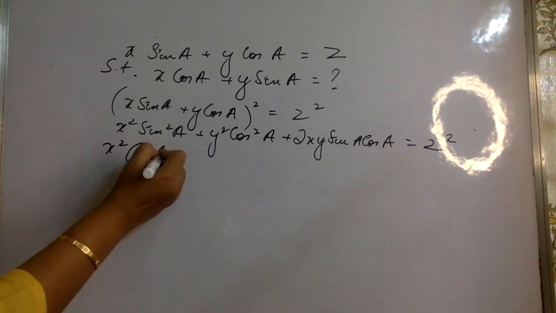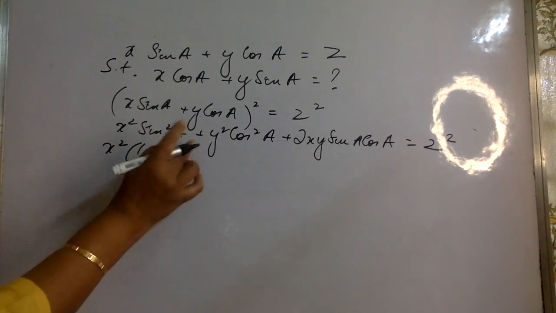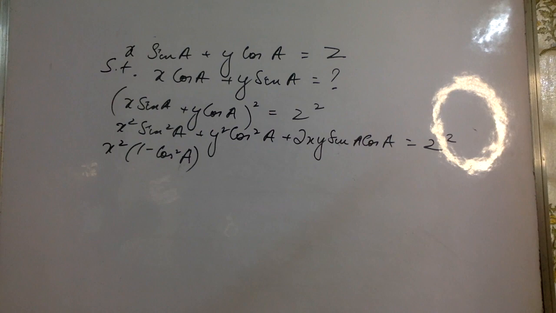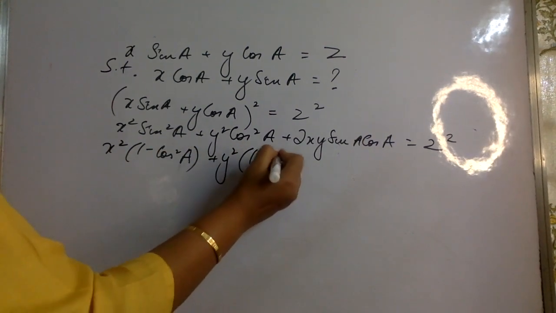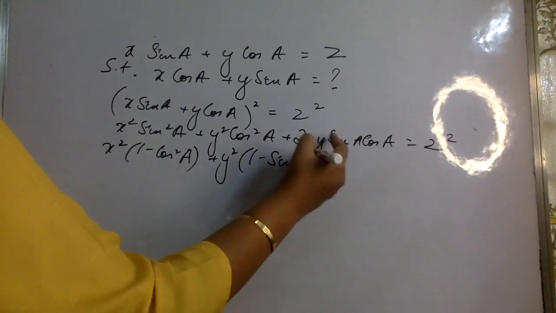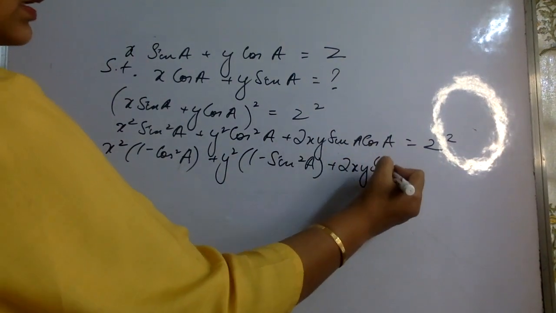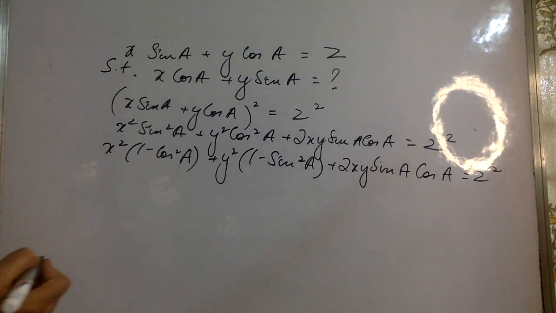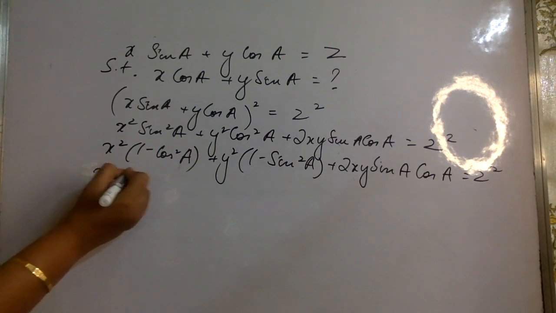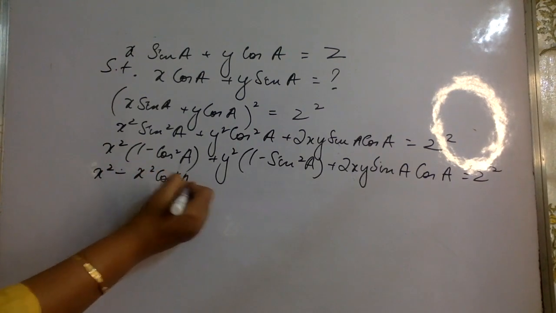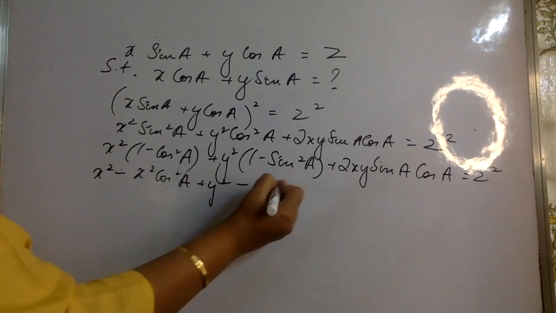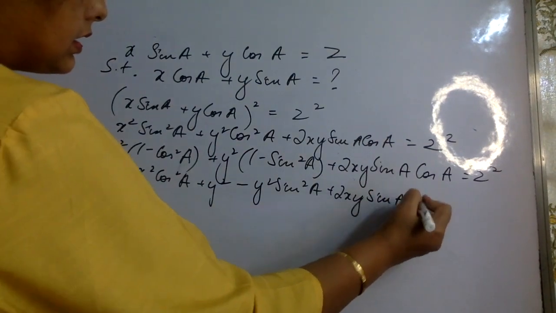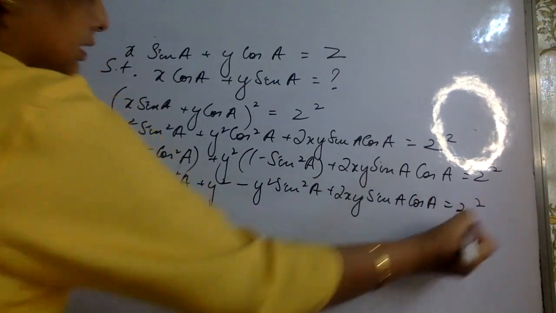So 1 minus cos square a, plus y square into 1 minus sin square a for the same reason, but this one just copy, 2xy sin a cos a, equal to z square. So x square minus x square cos square a plus y square minus y square sin square a plus 2xy sin a cos a is equal to z square.